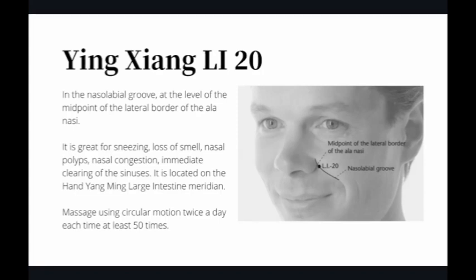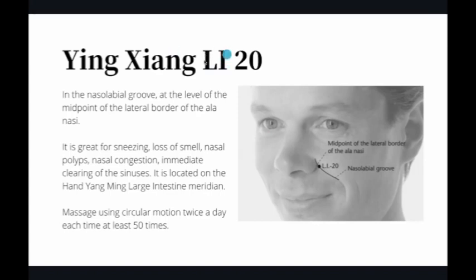So this is located on the large intestine meridian. That's why the English name of this point is called large intestine 20. So in English, the meridian and the acupressure points are numbered instead of having a name, so that it's probably easier for people to learn, I think.